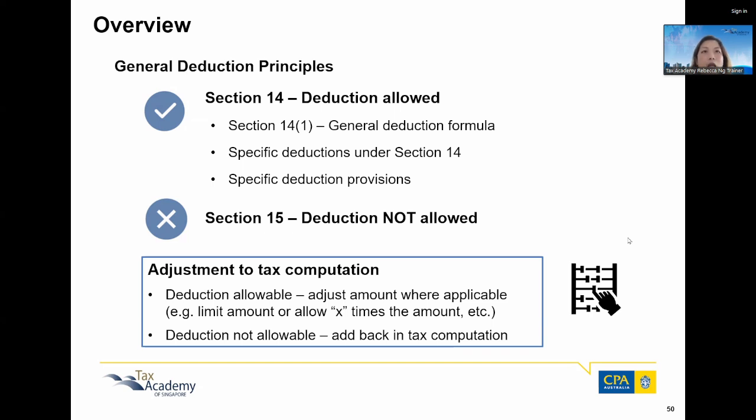We have already deducted all the expenses needed to generate the income, and we want to identify which expenses are not deductible, so we add back those expenses. By doing so, we disallow certain expenses, and we are increasing the chargeable income.